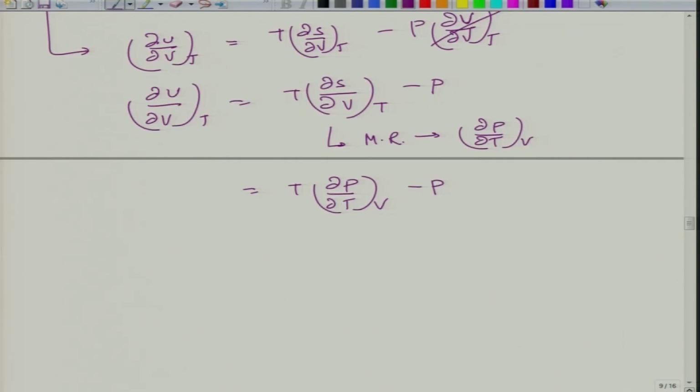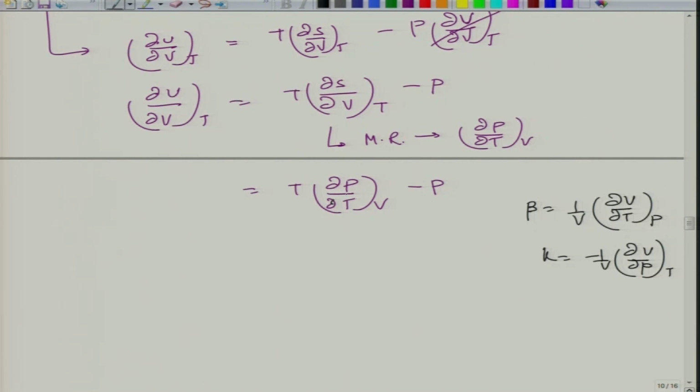Okay. So let us first write down again the expression: beta is 1 by V del V by del T at constant P, and k is minus 1 by V del V by del P at constant T. Certainly none of these directly can be replaced here.